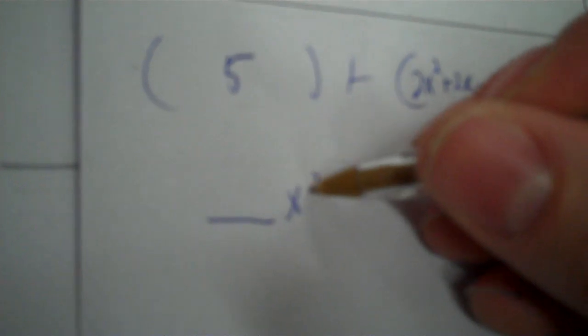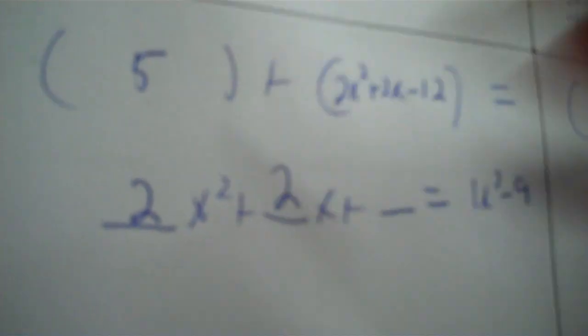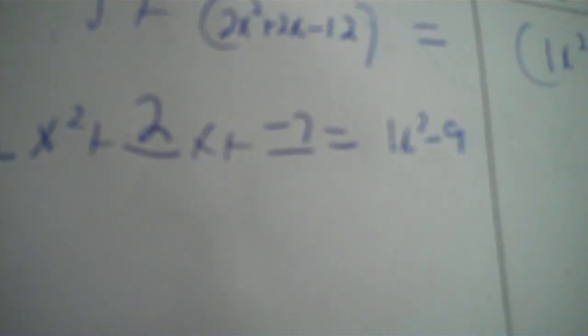Okay? So x second, x, constants. You got all three that you need to fill in. X second's 2, x is 2, 5 plus negative 12 is negative 7. So we have x to the second. We also have an x to the first in the equation, so we have to apply the factoring properties.